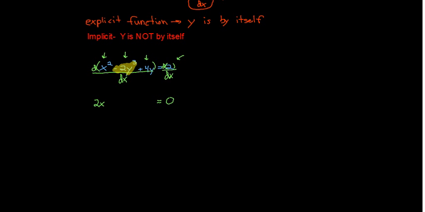So over here on the side, we've got the derivative of negative 2y cubed with respect to x. Now, we can't do that because the variables don't match. So, what we're going to do is we're going to do something we can do.